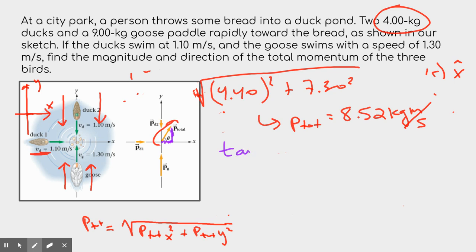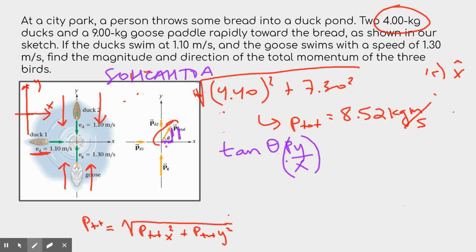And to do that, we know our tangent of theta is, remember SOHCAHTOA, okay, it's opposite over adjacent. That's what tangent is, opposite, which is the y direction over adjacent, like this.